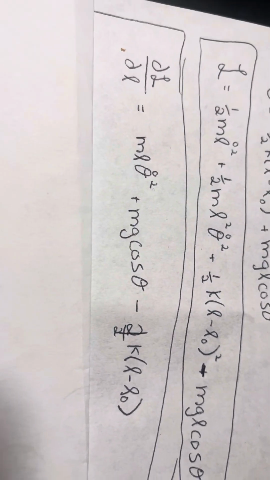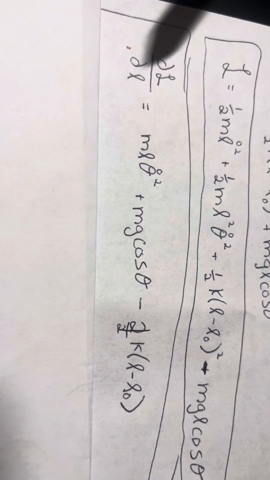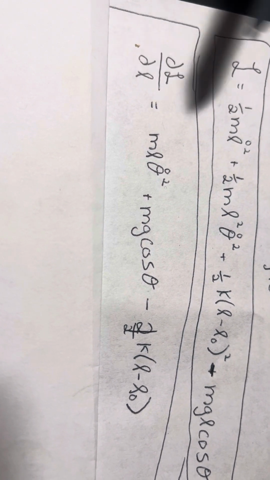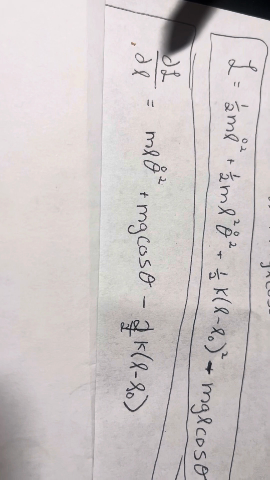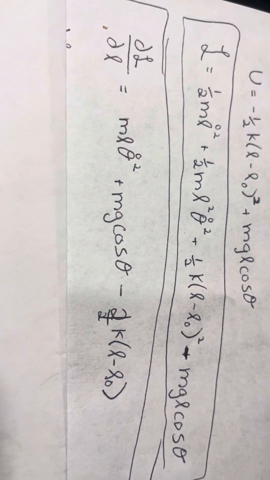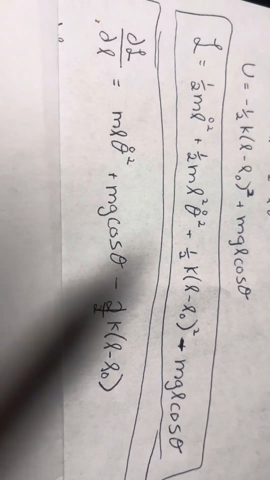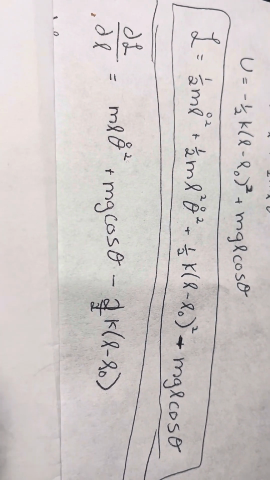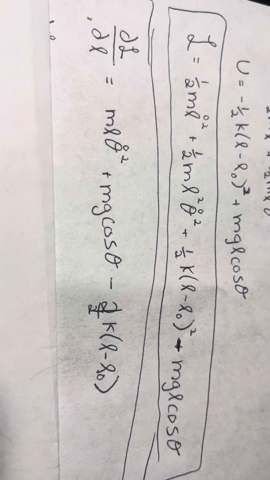For the left-hand side, the partial derivative of the Lagrangian with respect to L is going to be hitting these terms. When you take the derivative of those three terms, you get ml theta dot squared plus mg cosine theta minus k (L minus L0).